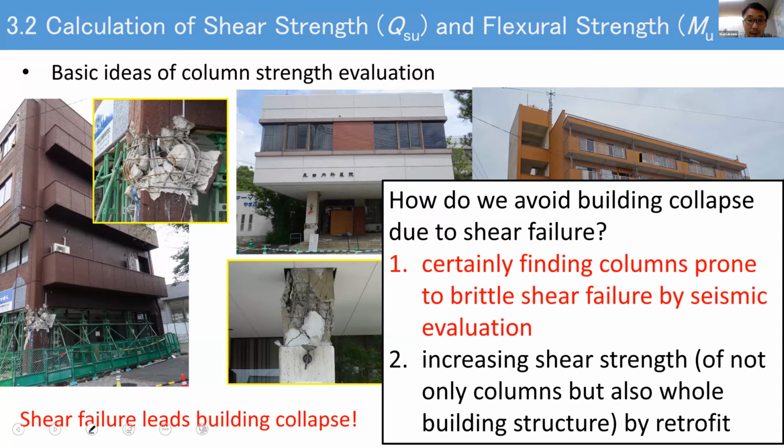To avoid this type of collapse, it is very important to certainly find columns prone to brittle shear failure by seismic evaluation, and to increase shear strength by seismic retrofit. Today is a seminar for seismic evaluation, so I will explain about this part.